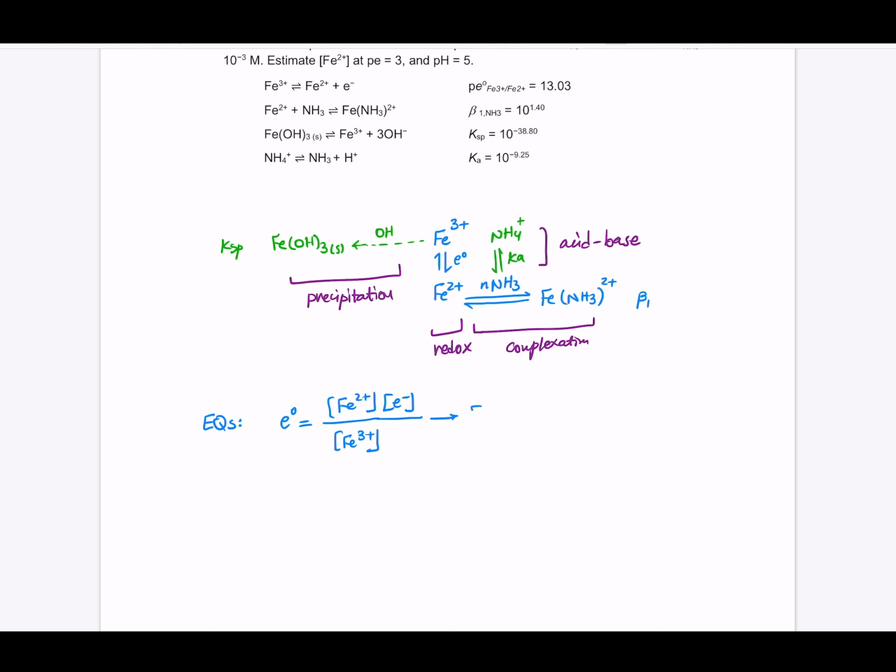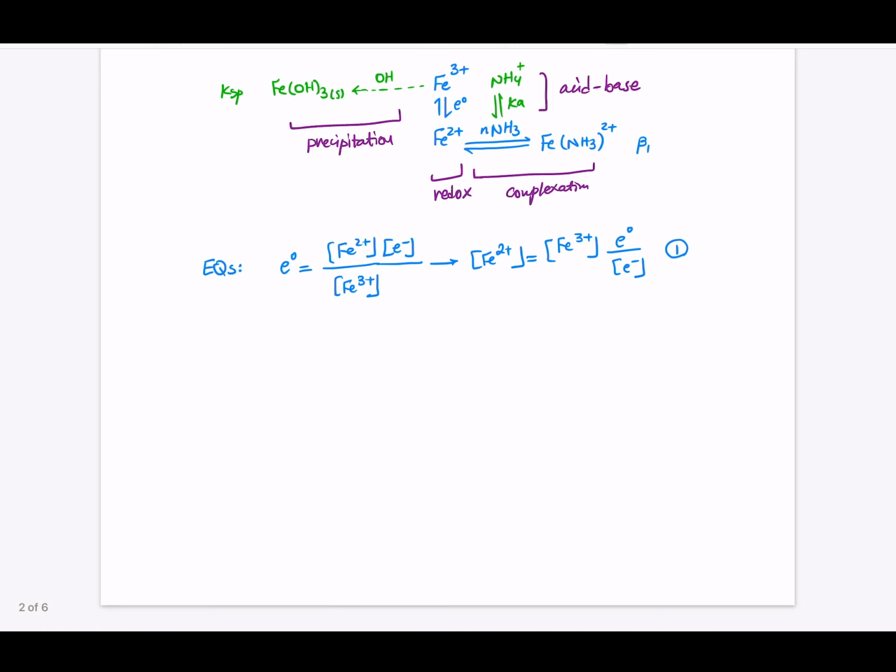So Fe2+ would be Fe3+ times E0 divided by the activity of electron, because we want to convert everything to Fe3+. So yeah, this would be our first relationship.